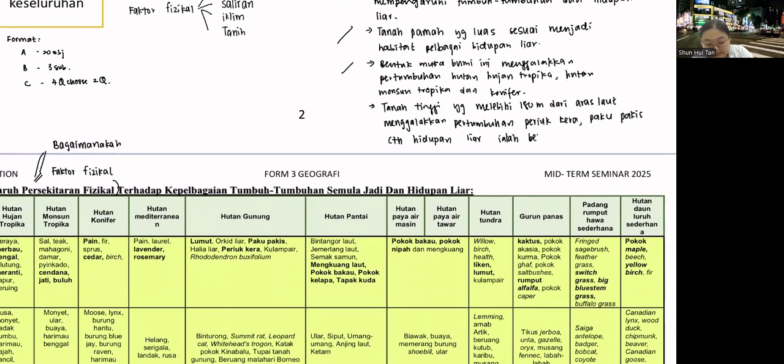You can say for example beruang matahari, sun bear, leopard cat, tupai tanah gunung Borneo, and katak pokok Inabaru. Then you may actually get around 4 marks for this.